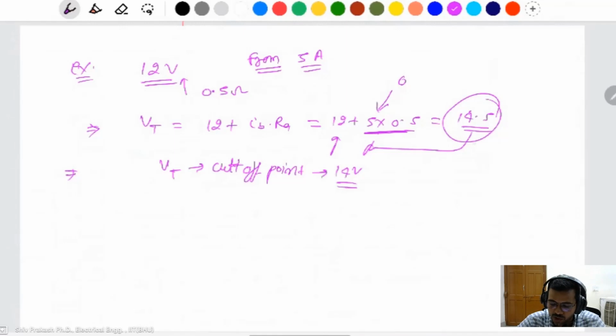In that case, if the battery terminal voltage goes beyond 14 volt, the connection will be disconnected and charging will be stopped, but your battery is not fully charged at that time. So you should decrease the current to a minimum level like 1 ampere or 1.5 ampere and charge the battery slowly. Then the battery is fully charged and the error will be minimized.